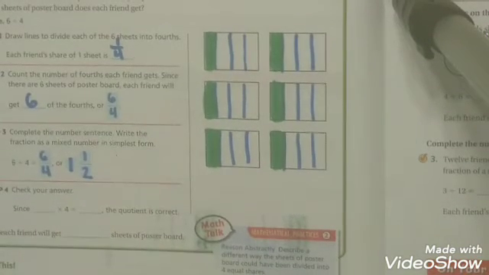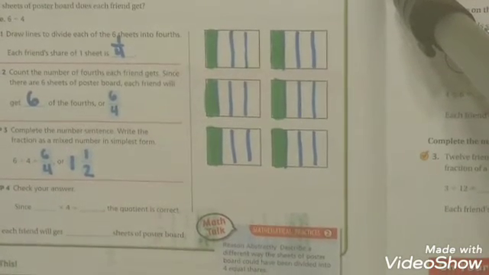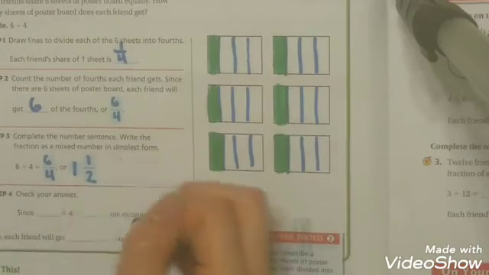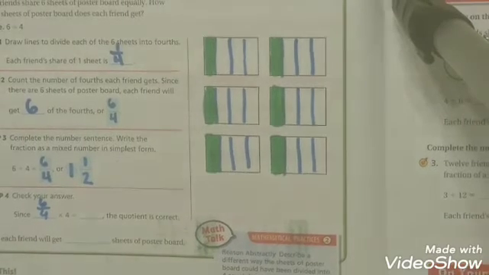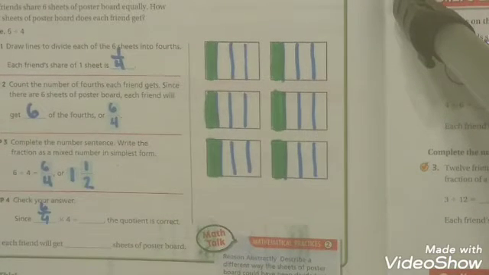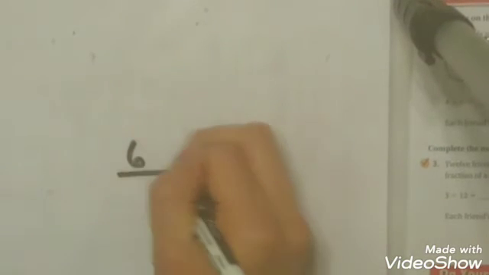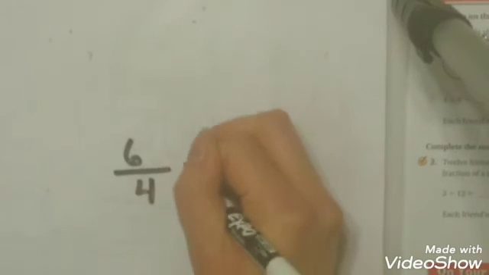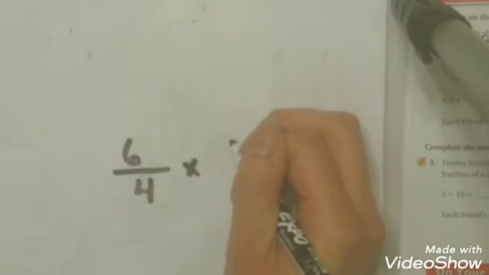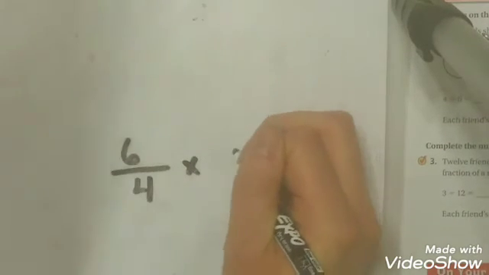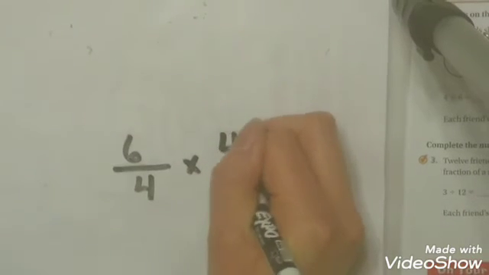Now my last step is to check my answer. To check my answer, I'm going to try doing 6/4 or 1 1/2 times 4, and it should equal 6. So I'm going to double check. I ended up with the answer 6/4, and I'm going to multiply it by 4, which I can rewrite as 4/1.